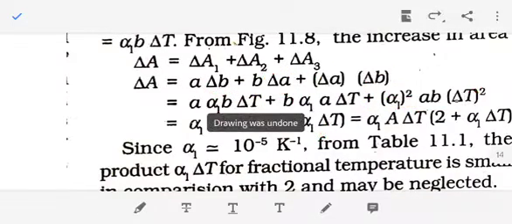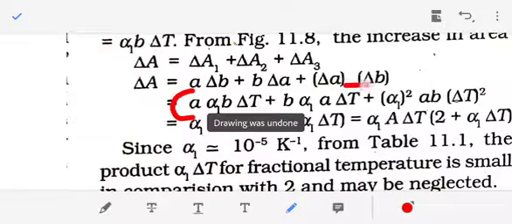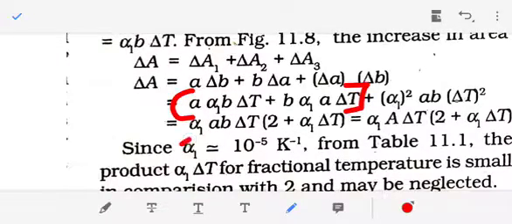Now, what is common in these two terms? Alpha L is common, AB is common, and delta T is also common. The neglected term is not here.